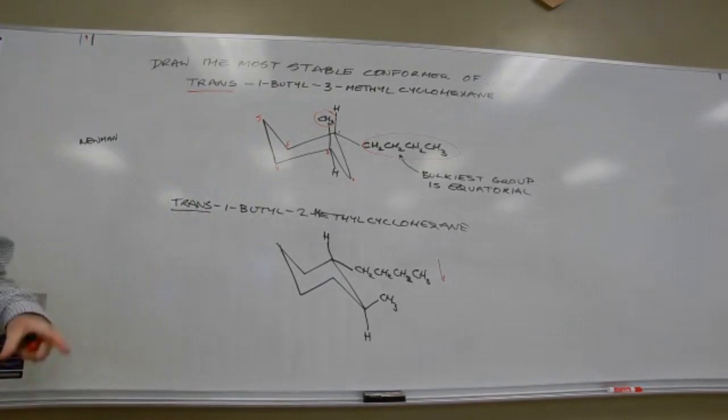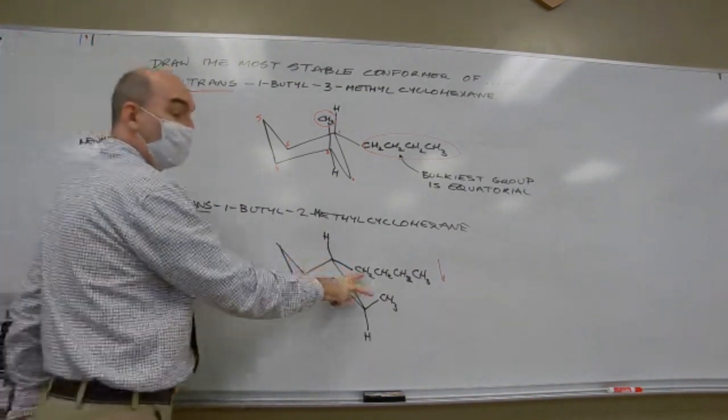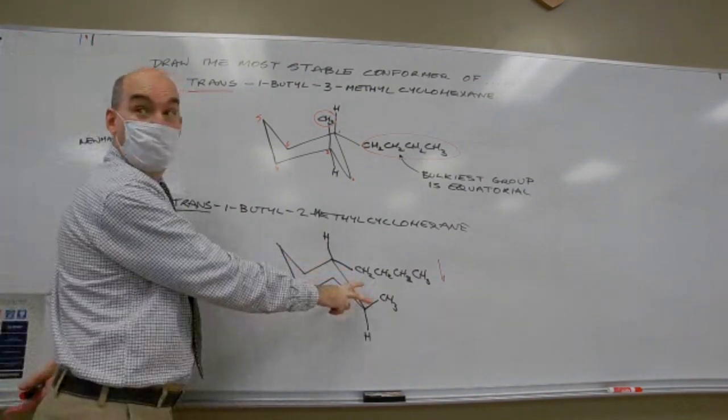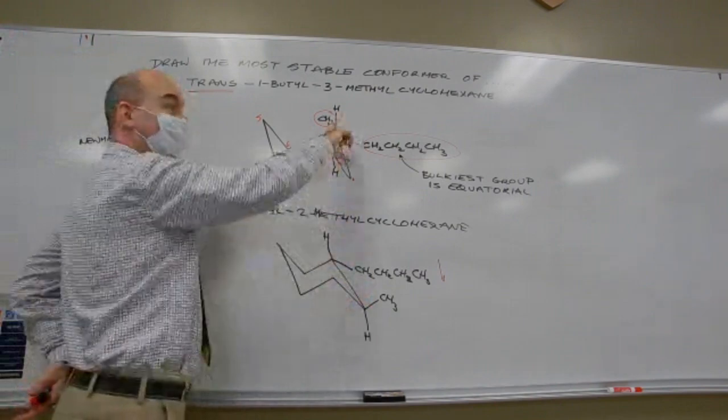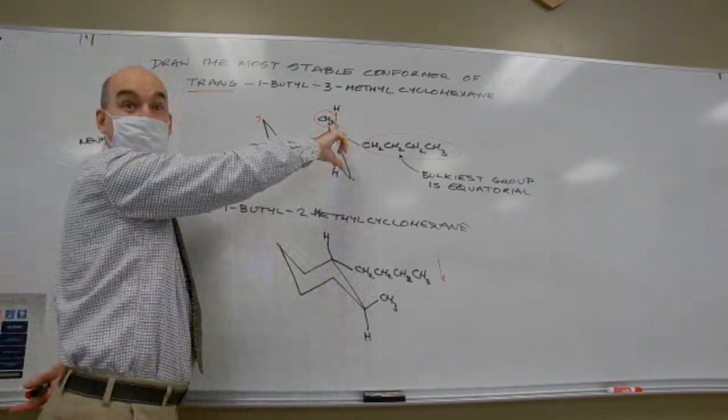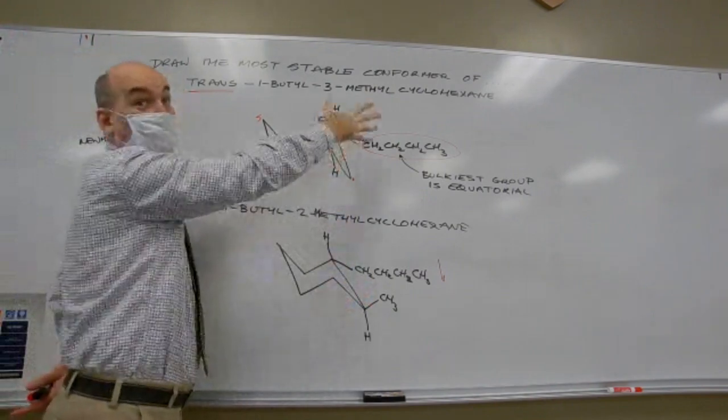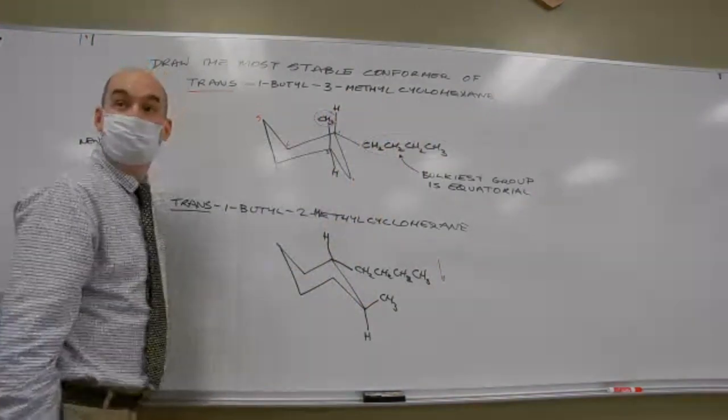If it's 1, 2, remember, the axial positions alternate as you go around the ring. Up, down, up, down, up, down, up. The equatorials also do. So you can have trans be the best for a 1, 2. Cis would be the best for the 1, 3. Trans would be the worst for the 1, 3.